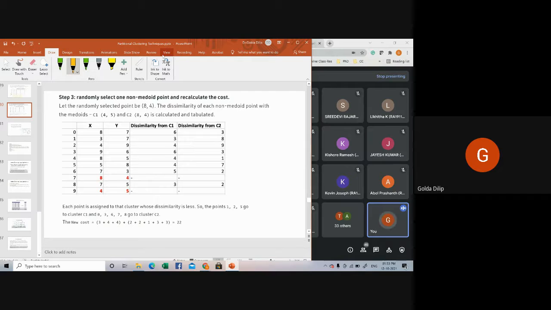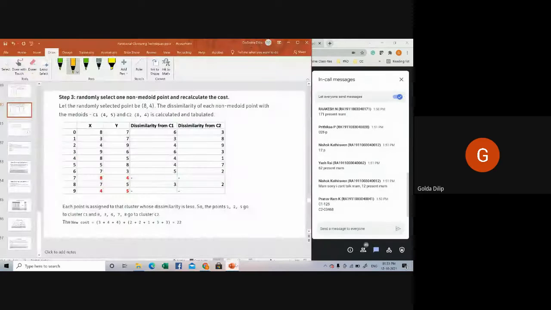Objects. Tell me. Okay, Pranav has put it. Let me open the chat window. Okay, 1, 2, 5 goes to cluster C1. Very good. Then 0, 3, 4, 6, 8, the remaining goes to cluster C2. Correct. So the new cost with respect to this will be 22 out here.